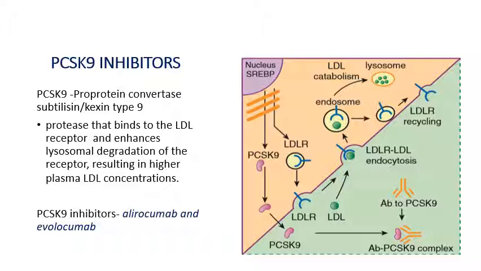And this results in low LDL receptor levels. So less LDL is taken up into the liver, which increases the plasma LDL concentration. Drugs which inhibit this PCSK9 are alirocumab and evolocumab. These are mainly monoclonal antibodies which bind to this PCSK9 protease, thereby inhibiting its action.